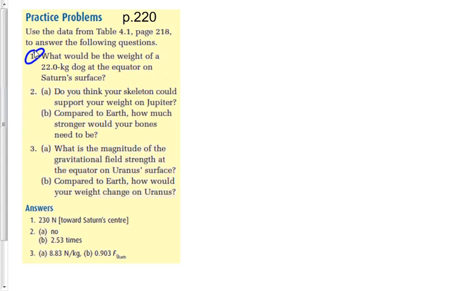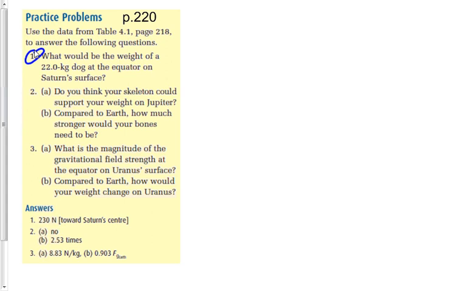Okay. Number one says, what would be the weight of a 22-kilogram dog at the equator on Saturn's surface? What's weight? Gravity, the force of gravity, right? Not the field strength, but the force of gravity. So what's the force of gravity at the equator acting on a 22-kilogram dog?